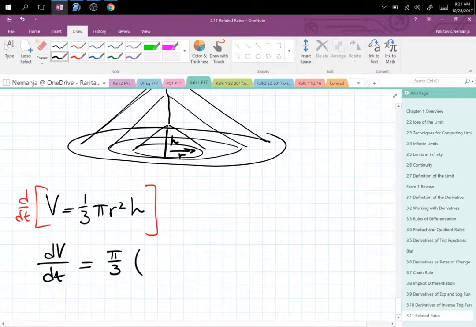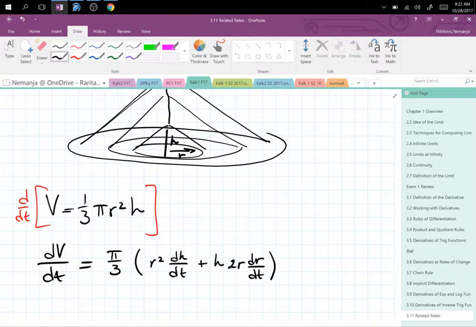And now what do I get as a product rule inside? Copy the first times derivative of the second plus copy the second times derivative of the first. Observe that I have dh/dt, dr/dt, dV/dt. I have three variables, and because I have three variables, I better have three rates, because I take the derivative of the entire equation.